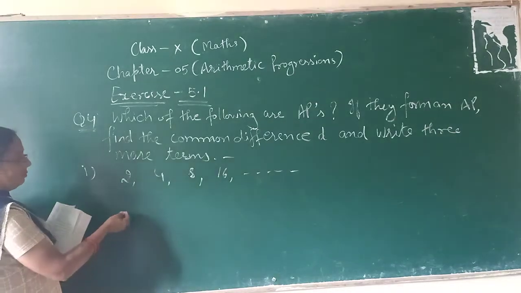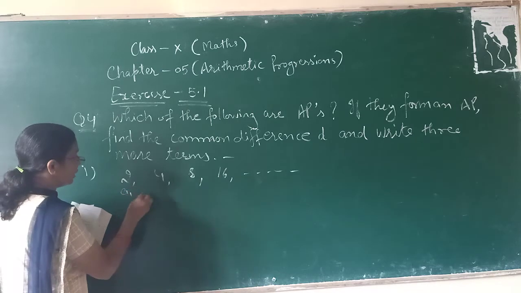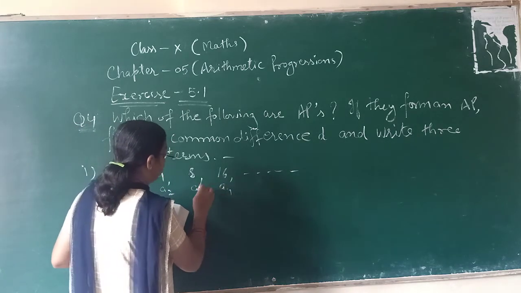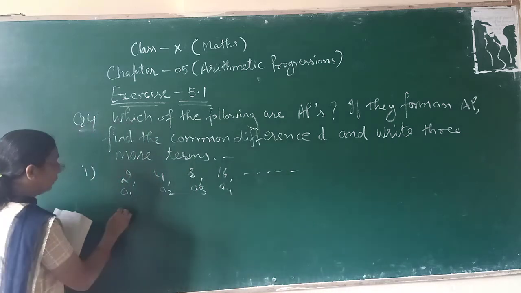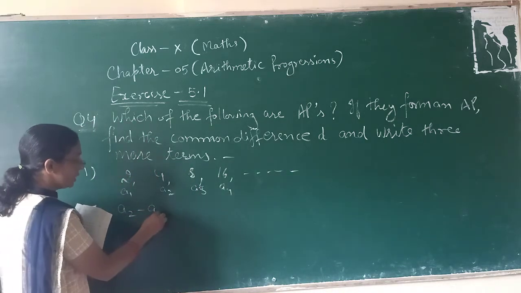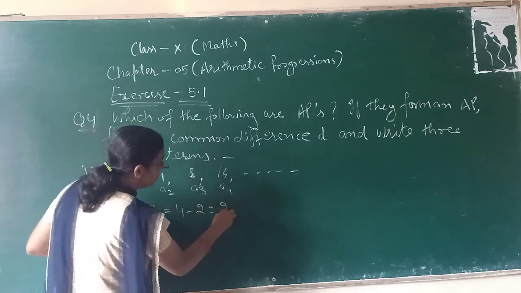The first part is 2, 4, 8, 16. So we consider this A1, A2, A3, A4. We have to check whether it is an AP or not. A2 minus A1, that is 4 minus 2, which is 2.